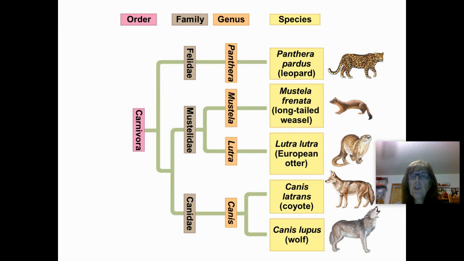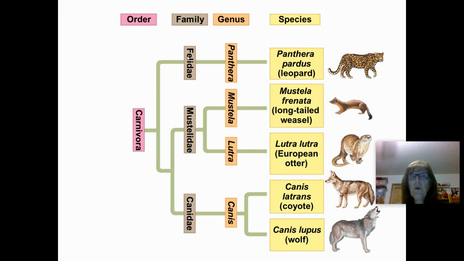Okay. So again, if we go back and we look at this phylogenetic tree of carnivora, we can read this as this is where all of these carnivores' common ancestor is. And then this is at the order level. So remember, we have domain, kingdom, phylum, class, order, family, genus, species. And so we're looking at the order is carnivora.